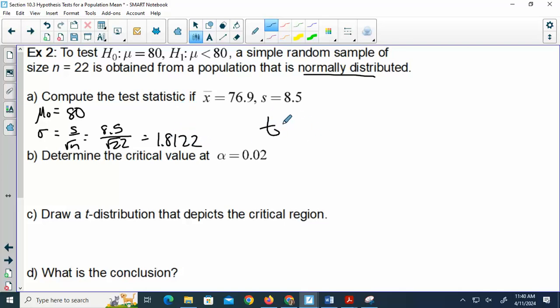So our test statistic is kind of like finding a z-score. It's our value, so the 76.9, minus the mean of the null divided by the standard deviation.